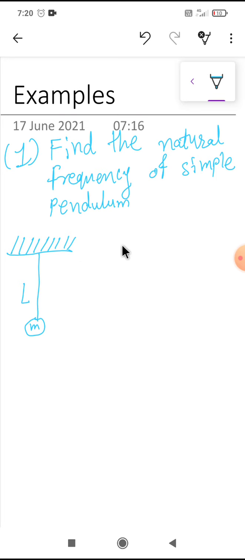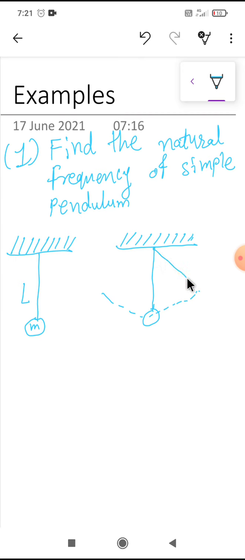this pendulum is oscillating. Suppose this is the mean position, so it will oscillate from here to here. Suppose these are the extreme positions on the left and on the right.